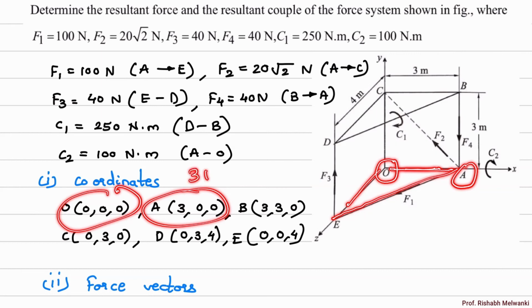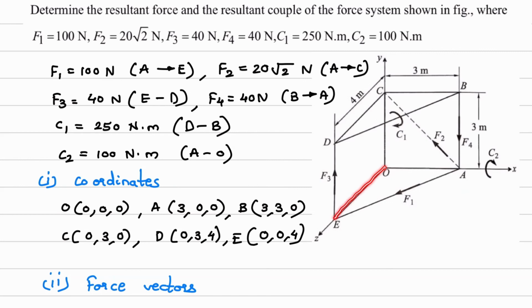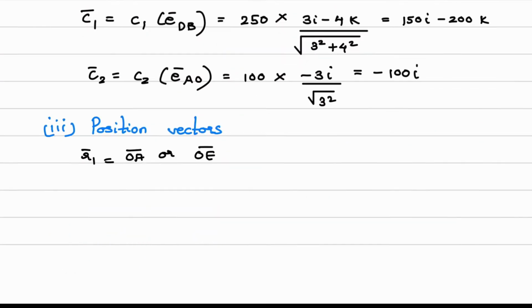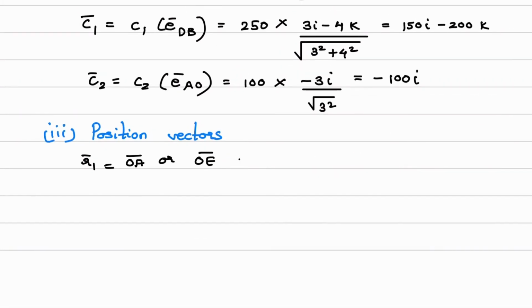If you consider the OE position vector, it will be E minus O, which will give us 4K. So this will be equal to 3i or 4K. Finally, when you consider the moment vector, you can take either value, 3i or 4K, and you will get the same answer.